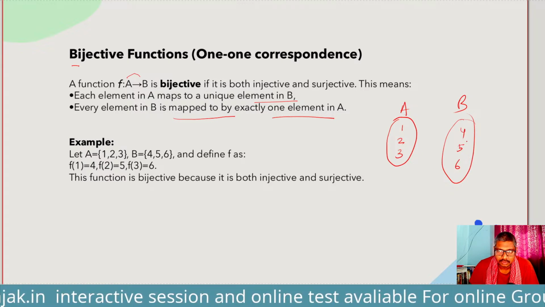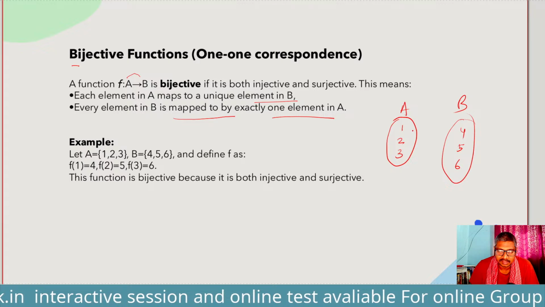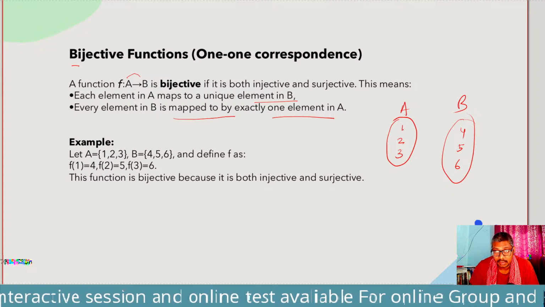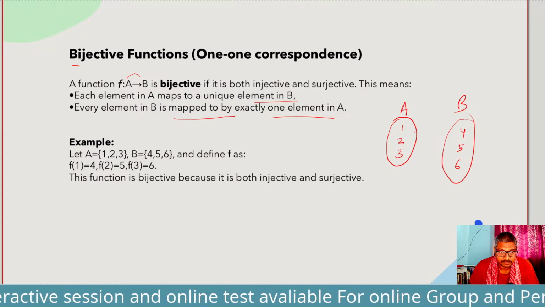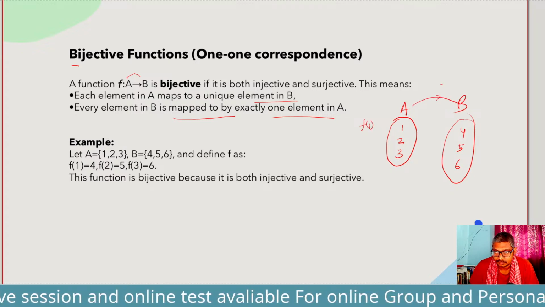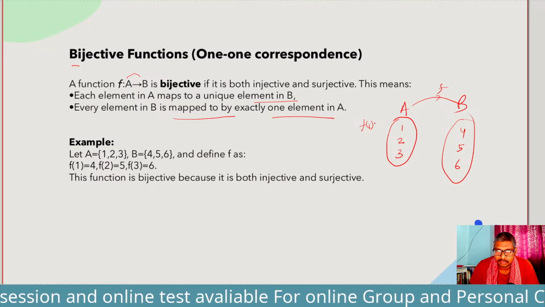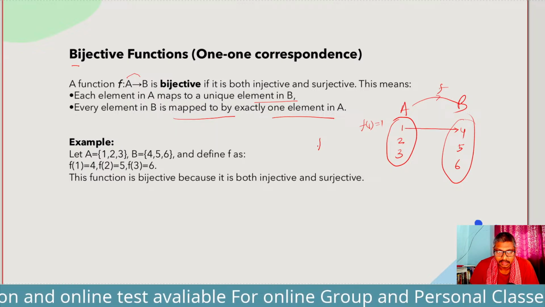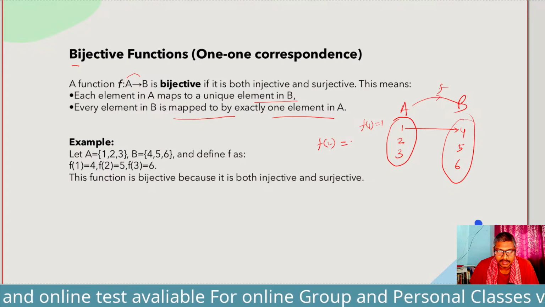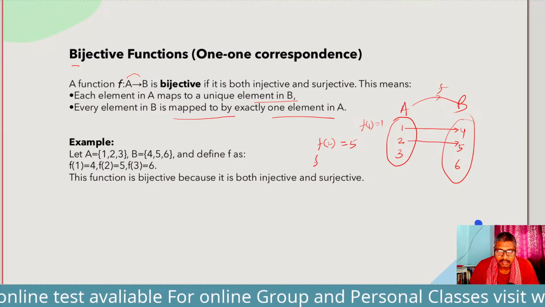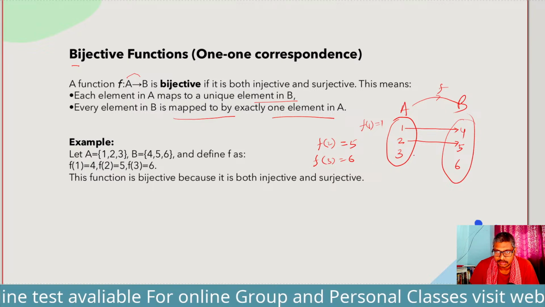All the elements of B must be associated with elements of A, as well as the injectivity, where all the elements of A have a unique image. So f1 is there, what is our output? 4. So 1 is associated with 4. Then f2, what are we getting? 5. So 2 is associated with 5. And f3 equals 6.